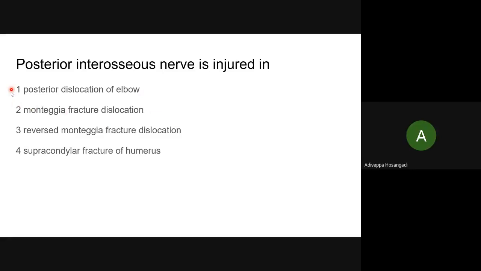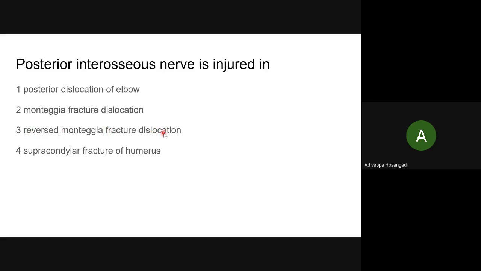So posterior dislocation, we had discussed that: AMRU, anterior interosseous nerve, median nerve, radial nerve, and ulnar nerve in that order. So posterior dislocation is taken care of.